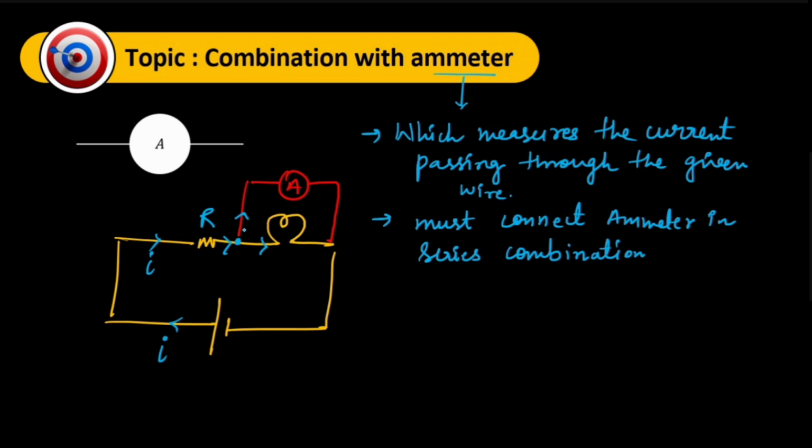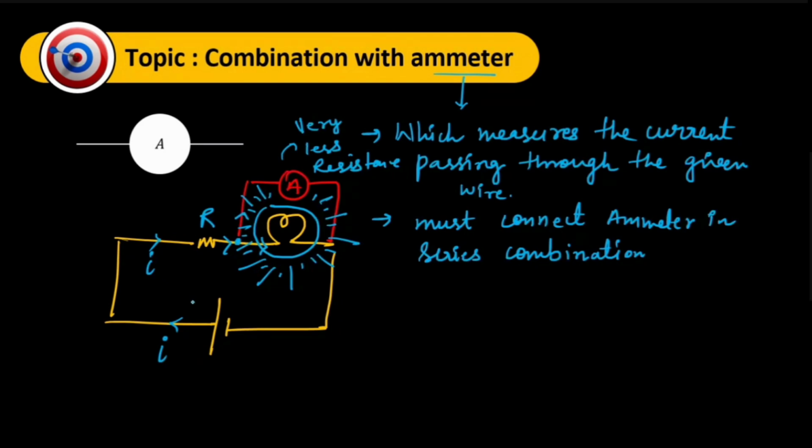As we already know, current will pass through that wire where the resistance is less. So possibly the ammeter would have very less resistance, and if it has very less resistance, most of the current will pass through it only. And we are not able to find out how much current is passing through that bulb. And there is a possibility that the bulb might not glow. That is also a possible case.